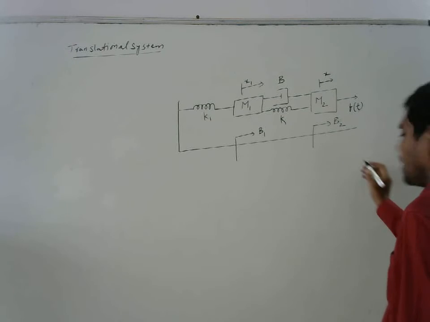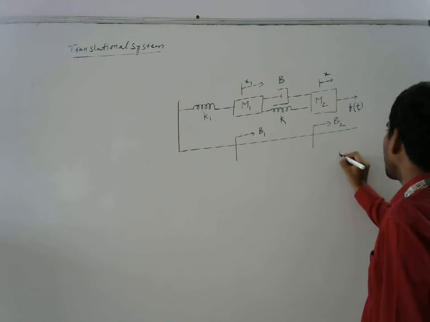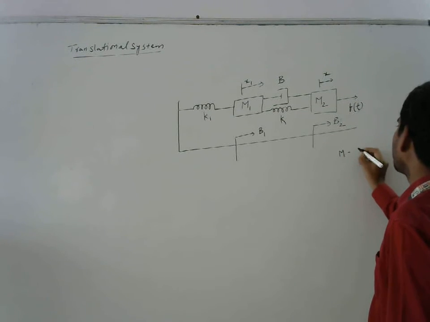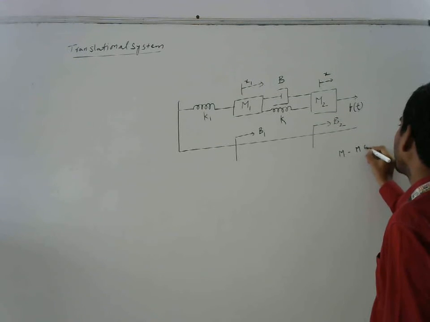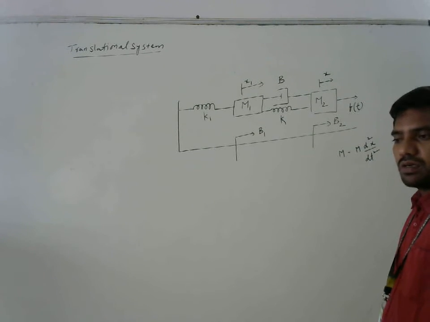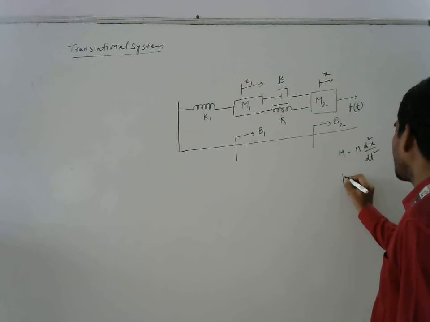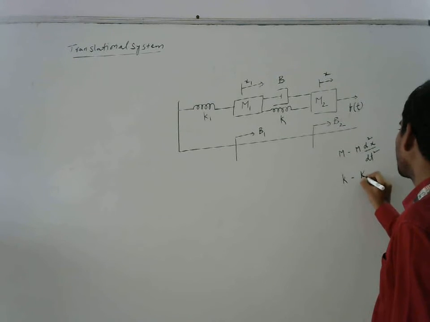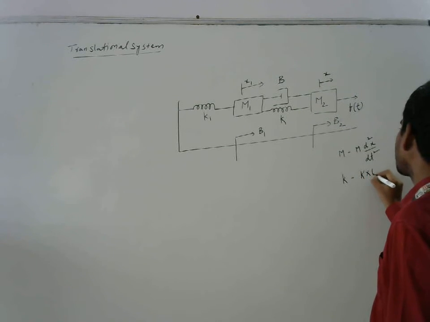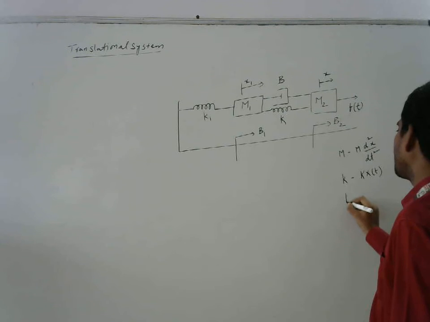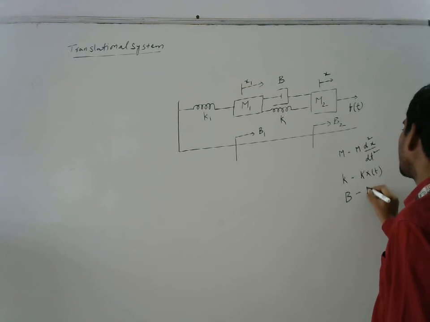For example, you have a mass m. What equation do we write? We write m into d square x by dt square. For example, you have a spring k. What do we write? k into x of t. For the damper b, we write b into dx by dt.